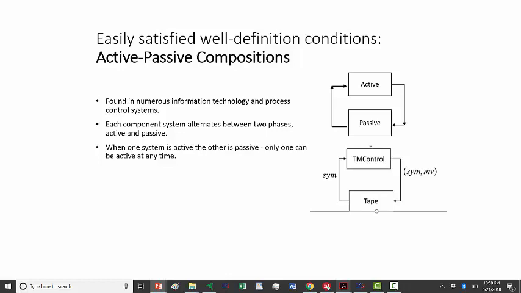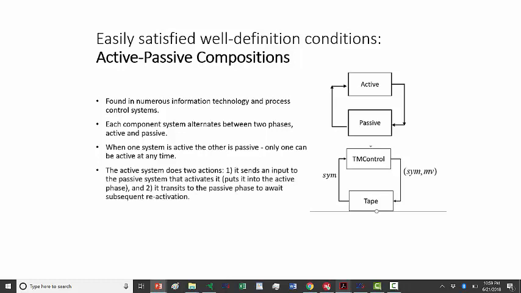When one system is active, the other is passive. Only one can be active at any time. And the active system does two actions. It sends input to the passive system that activates it, puts it in the active phase, and it transits to the passive phase itself to await subsequent reactivation.